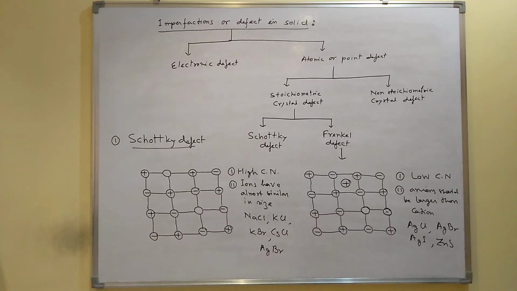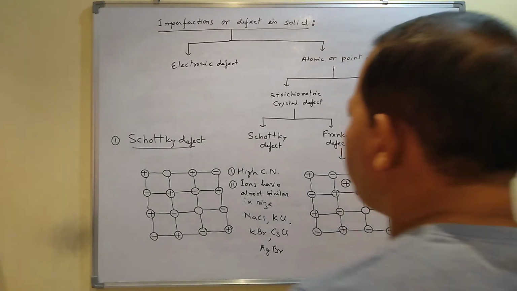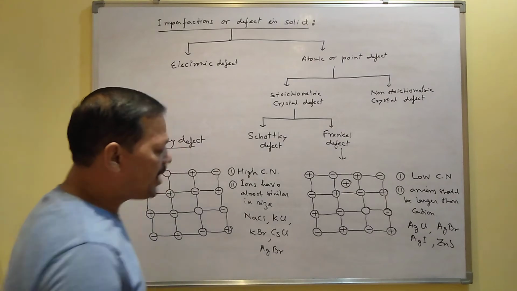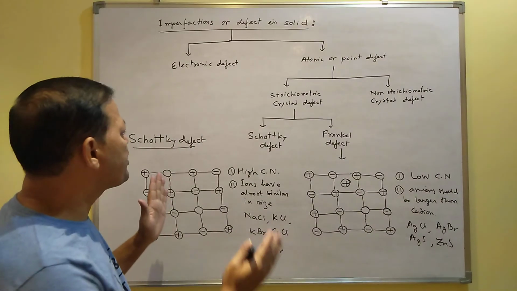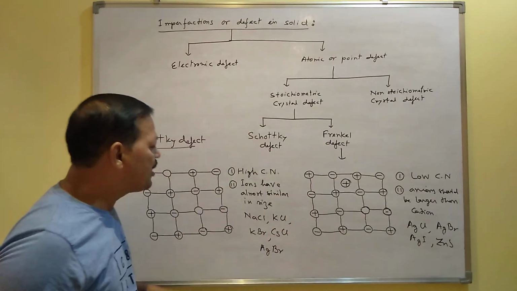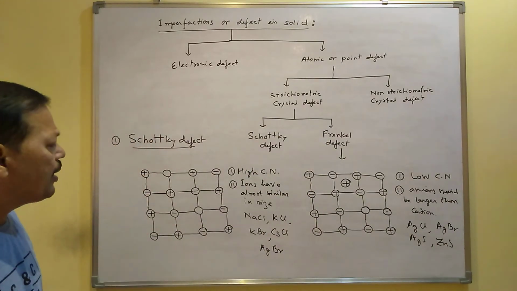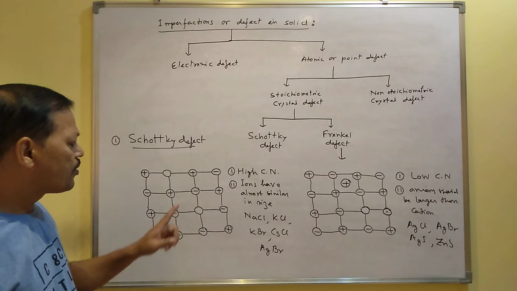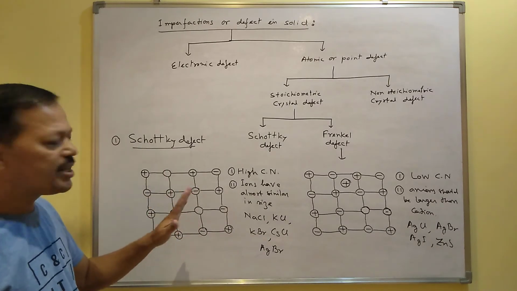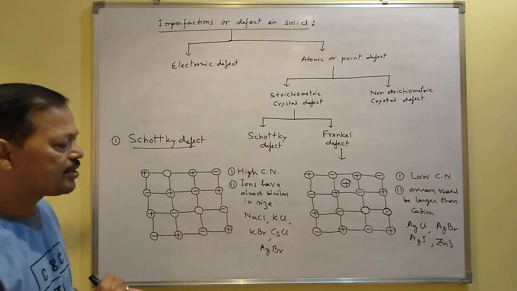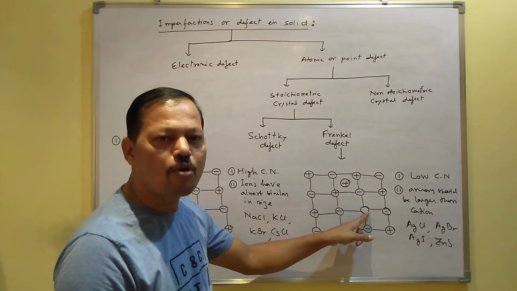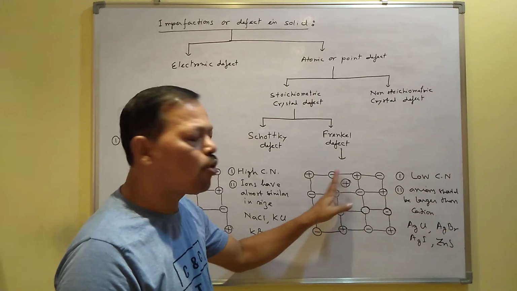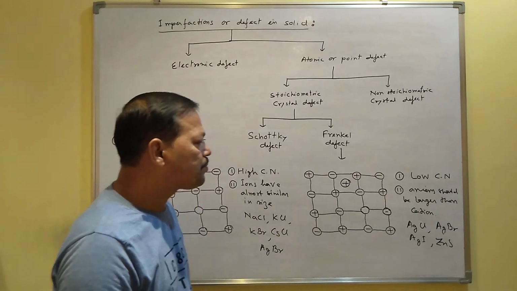Now, the points of difference between Schottky and Frenkel defect are very important for the exam. Write some points of difference between Schottky defect and Frenkel defect. How will you write? In Schottky defect, equal numbers of cations and anions are missing from the lattice. In Frenkel defect, some ions are missing from their normal lattice sites and occupy the void.